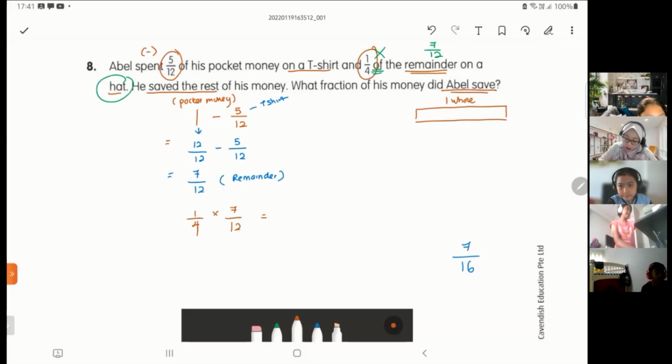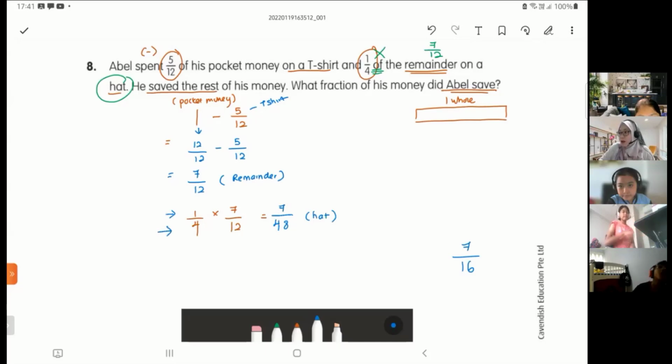There's nothing for me to simplify, because 1 and 12 cannot be simplified, and 7 and 4 cannot be simplified. So it is 7 over, you just go this way, 4 times 12 is 48. This is my hat.